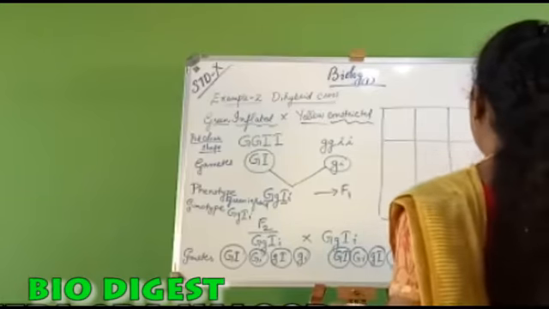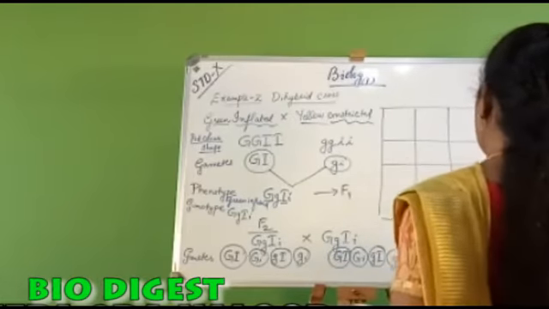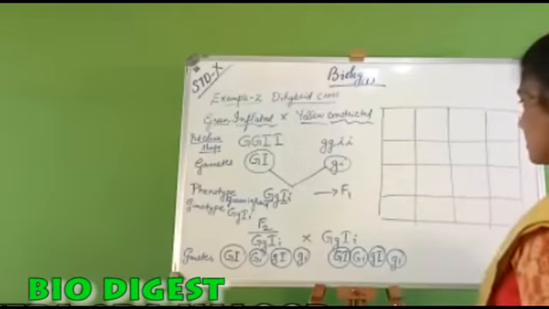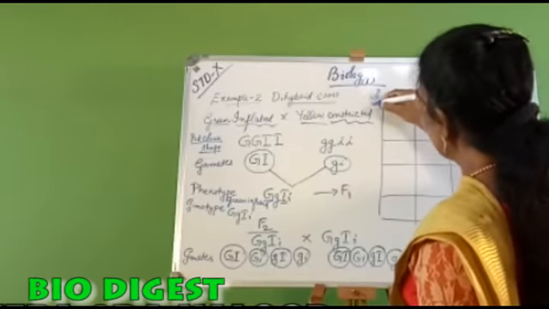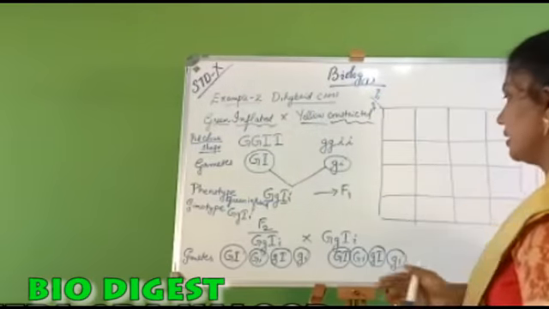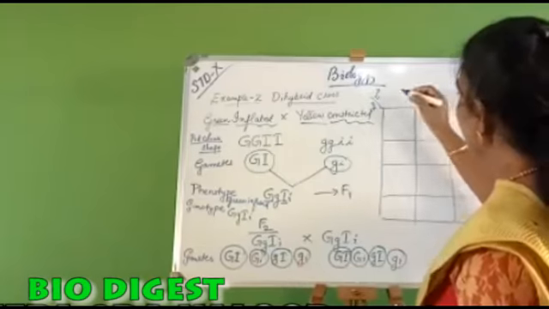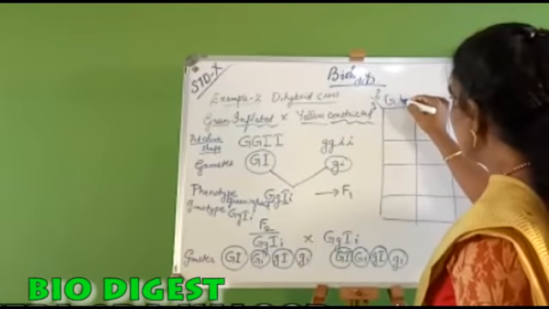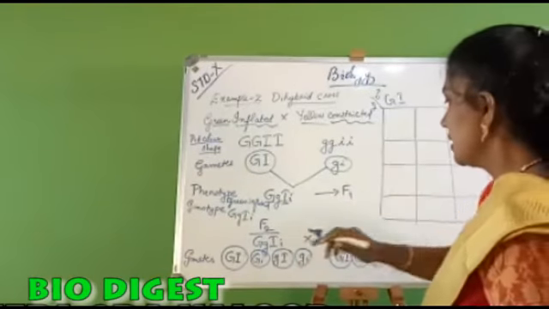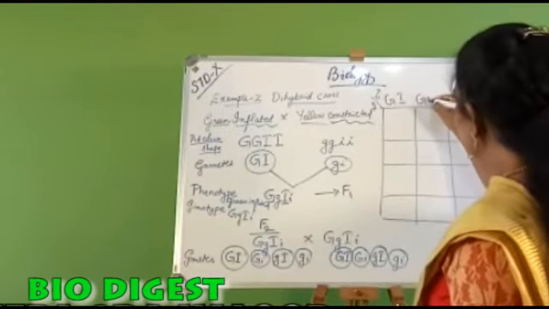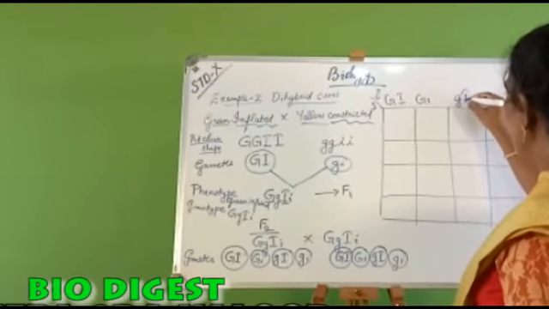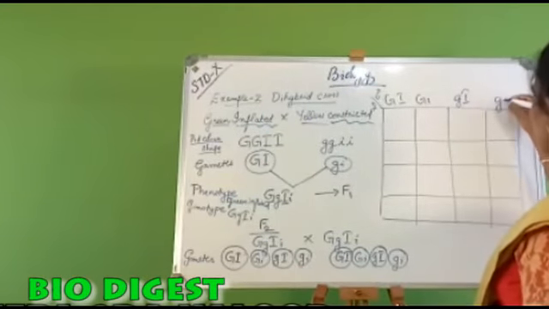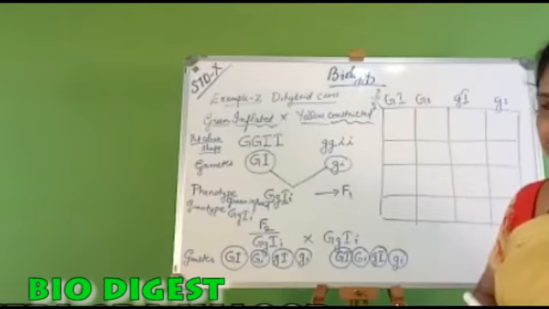This is the dihybrid cross. So 16 squares. Here I will write the male, this side I will write the female. So let this be the male plant. Capital G, capital I first. Next gamete is capital G, small i. Third gamete is small g, capital I. Fourth gamete is small g, small i.